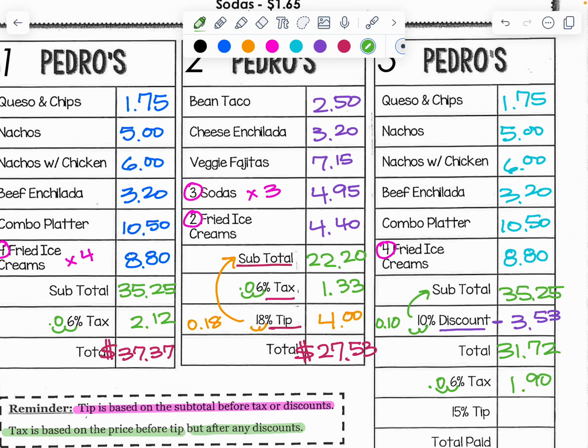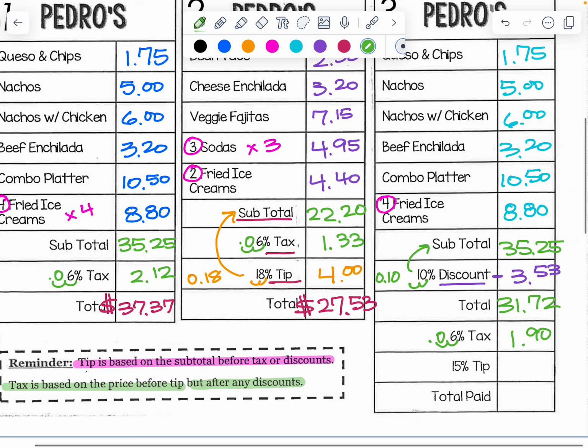All right. Now, this is new. The discount was new. We're going to add on tip, right? Here we go. All right, change that. Bloop, bloop. Should be 0.15. We're going to multiply that by. Let's read over here what we're going to tip on. It says tip is based on the subtotal.